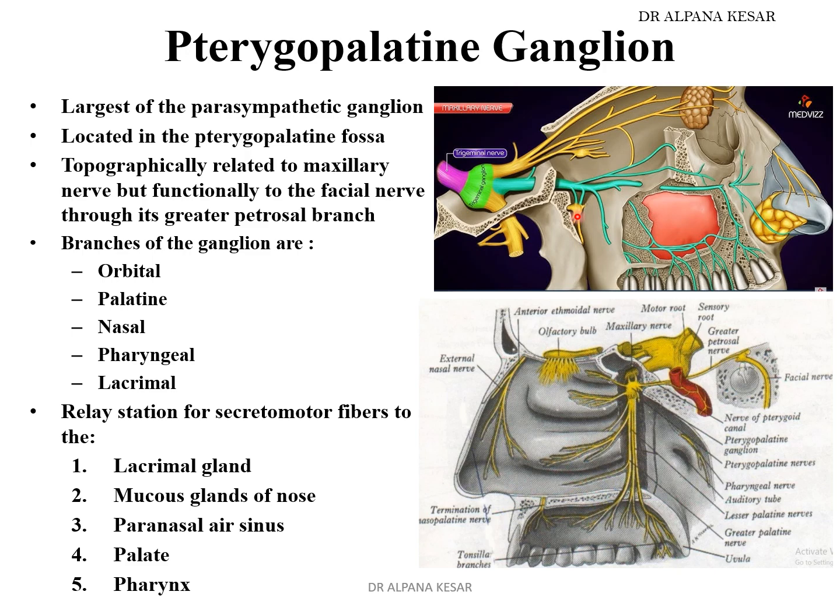It is located in pterygopalatine fossa. Pterygopalatine ganglion is topographically related to maxillary nerve. Its fibers get distributed through the branches of maxillary nerve.